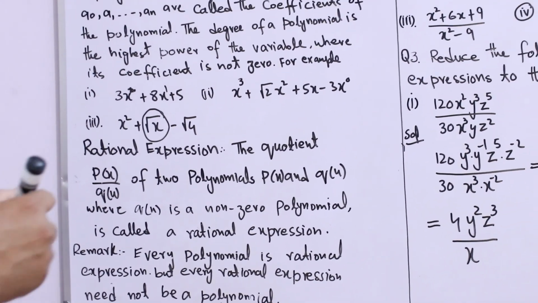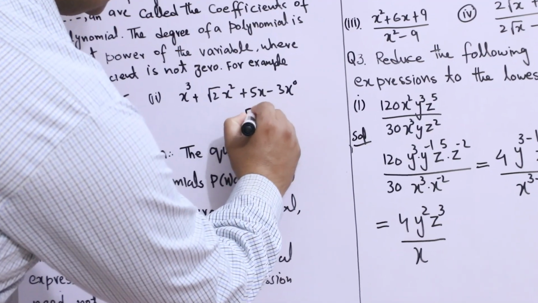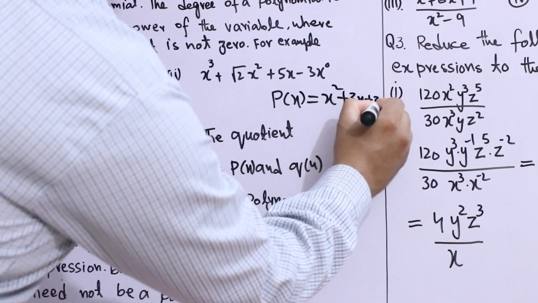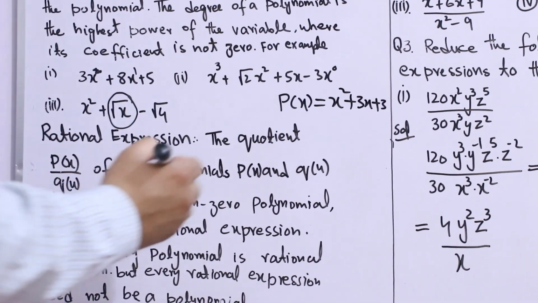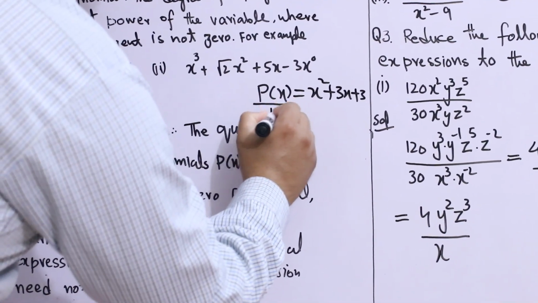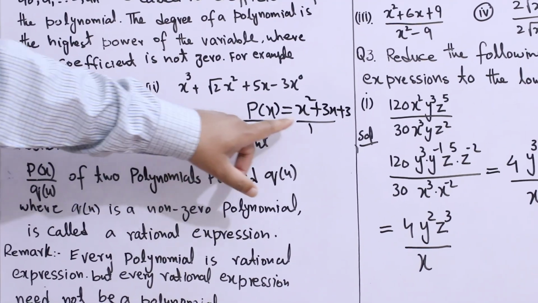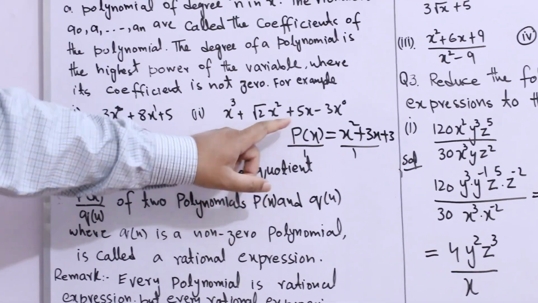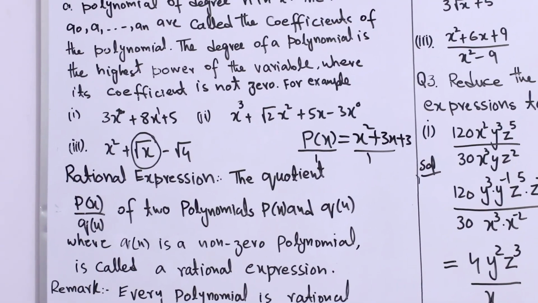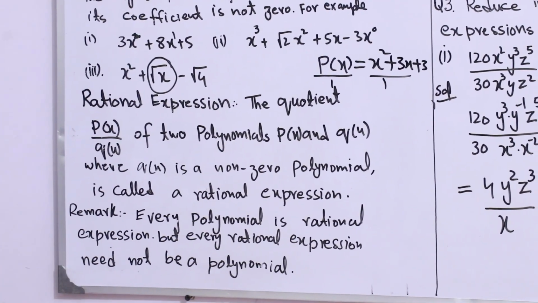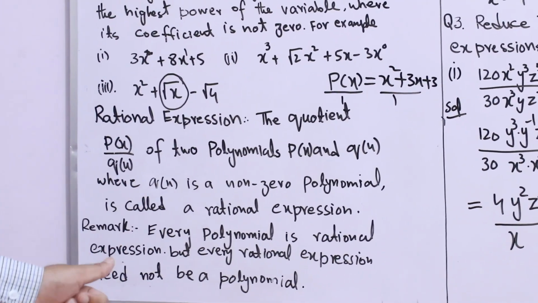For example, I write 3x plus 3. This is a polynomial of degree 1. If we write it over 1, so q of x is equal to 1, this polynomial is also a rational expression. But when we have a rational expression in this other form, it need not be a polynomial.